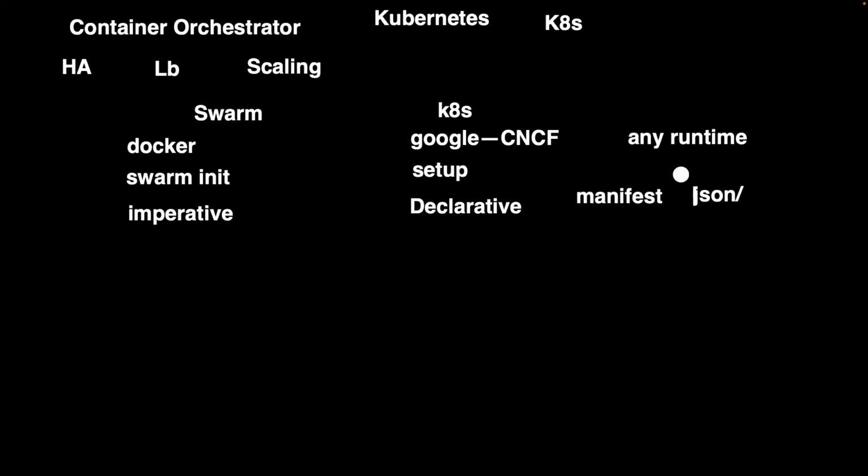These manifest files are generally written in JSON or YAML. We'll be using YAML here in the course, and that's what is widely used. And auto scaling is not possible in Swarm, whereas auto scaling is possible here. Rolling updates with zero downtime are possible here, which is again not possible over the Swarm.